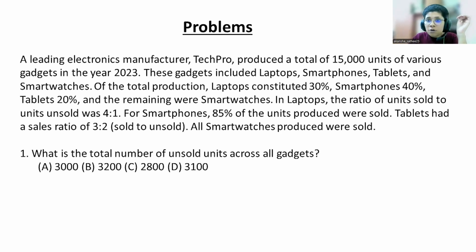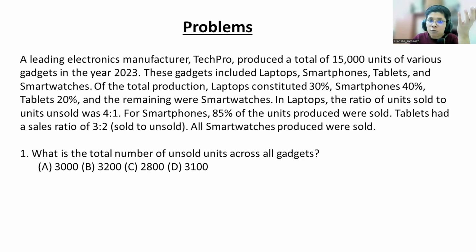So of 15,000, 30% they are producing laptops, 40% smartphones, 20% tablets, and the remaining smartwatches. In laptops, the ratio of units sold to units unsold is 4 is to 1. So total laptops sold to unsold are in the ratio of 4 is to 1.